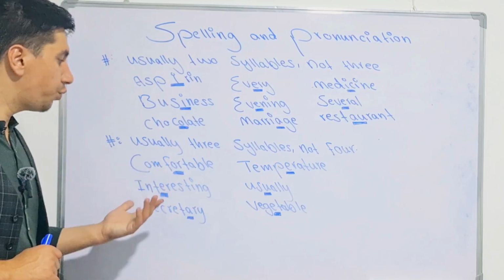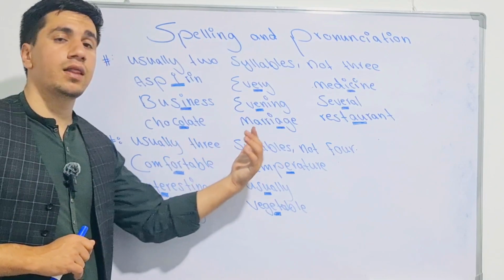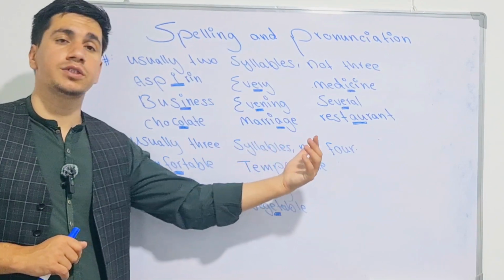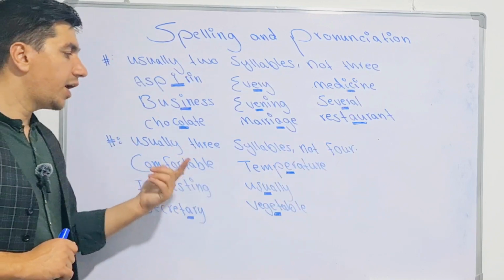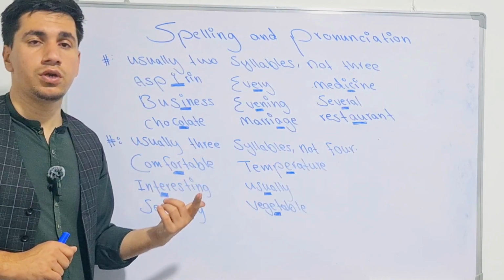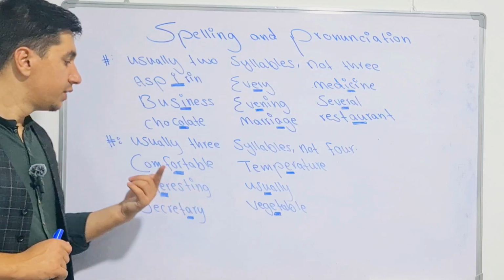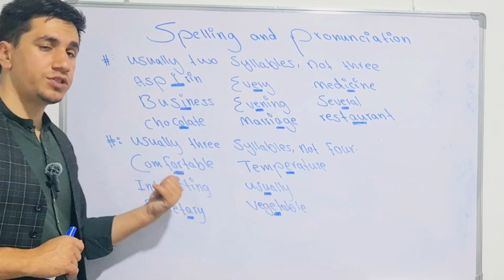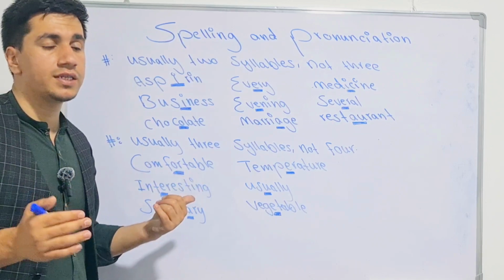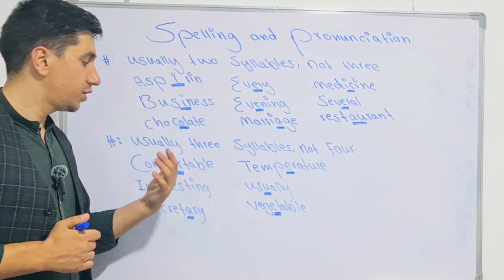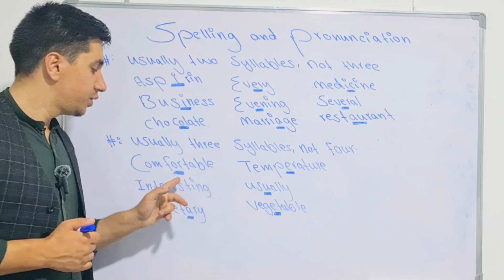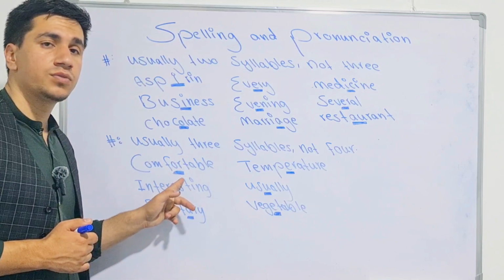Next we have these words, usually 3 syllables, which we do not pronounce in 4 syllables, right? So here are a few common words which we are about to pronounce. First we have is comfortable. Why do we not say it with 4 syllables? We have 3 syllables. You see here the little underline.